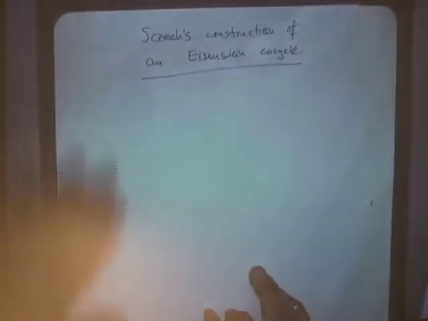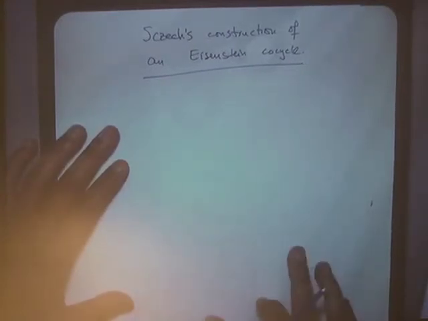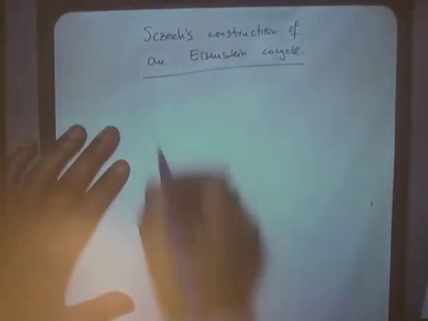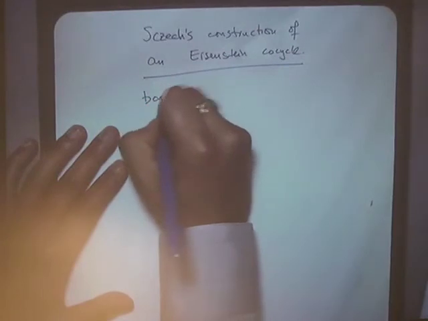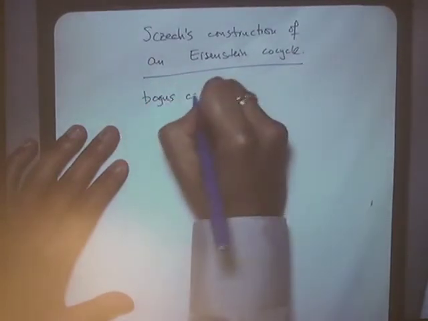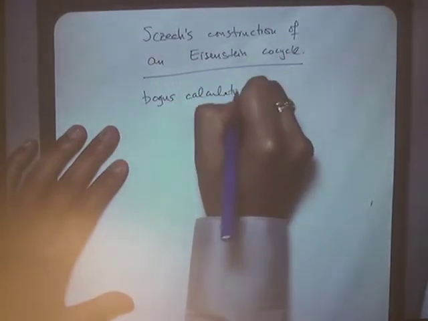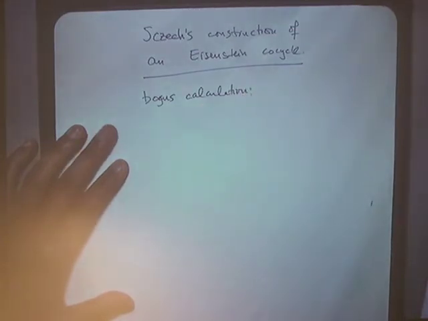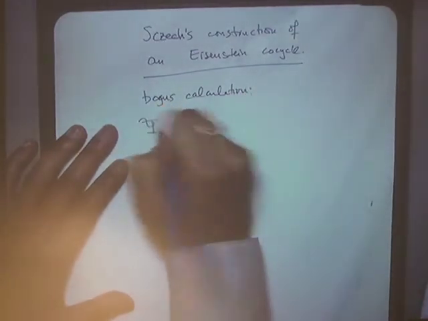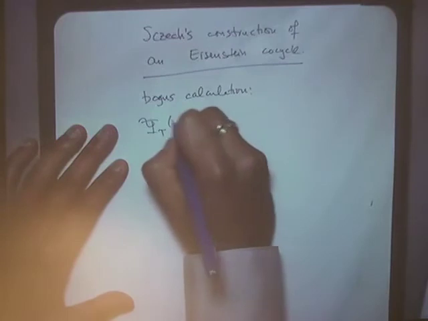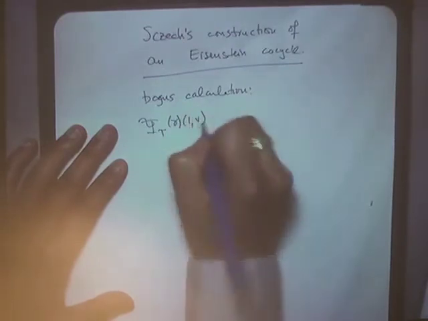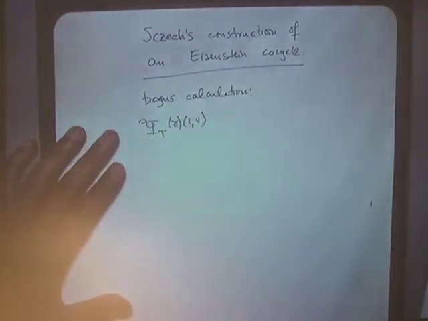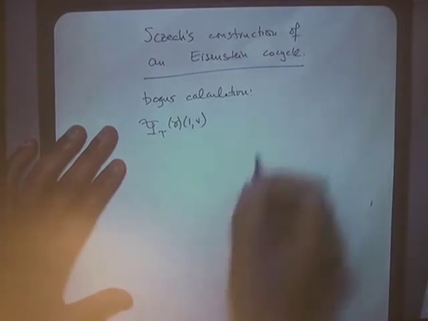Okay, so in the spirit of this conference, I think the best way to introduce this is by giving a bogus calculation. So what we're going to do is start with Siegel's cocycle, psi tau of gamma of 1, v. For simplicity, I'm going to take my polynomial p to be the constant 1. So this is the weight 2k.